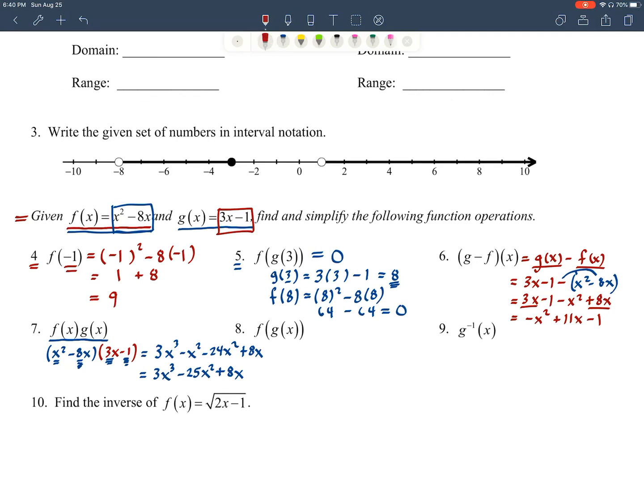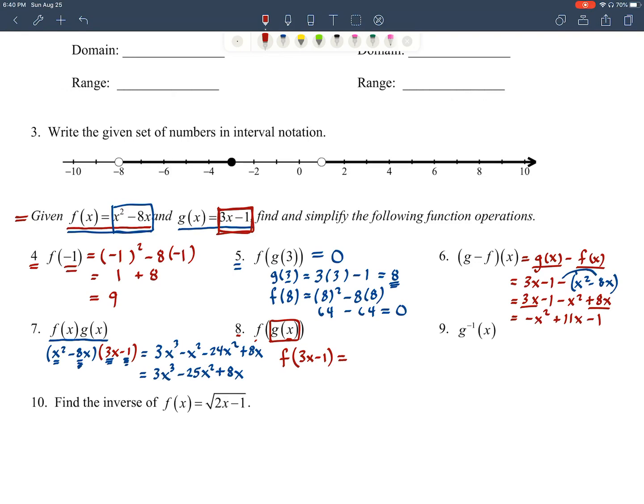Number 8. Now we've got f of g of x here, right? So it's composition of functions, and since our input in our function g is just that x, we're going to replace that expression with the expression above here, the 3x minus 1. So this is going to turn into f of, instead of g of x, we're going to put 3x minus 1.